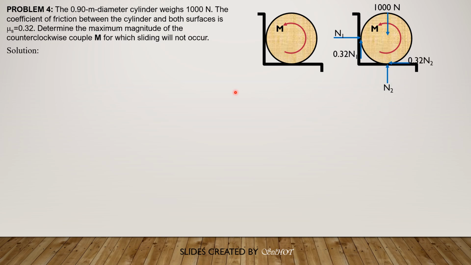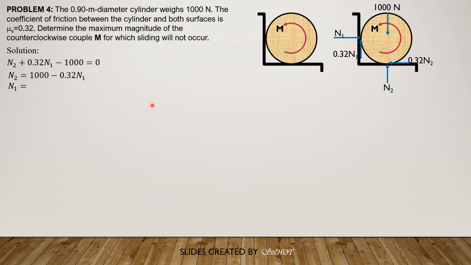So from the figure, summation forces vertical, sorry. So we have N2, then plus 0.32 of N1 minus 1000 equals 0. So N2 is equal to 1000 minus 0.32 of N1.